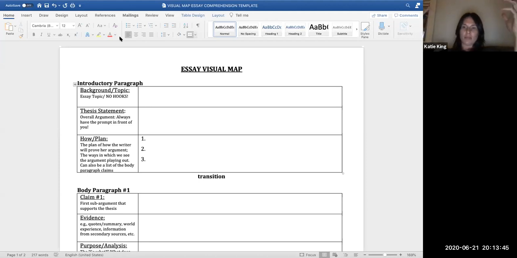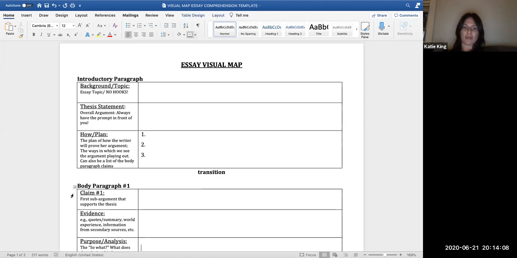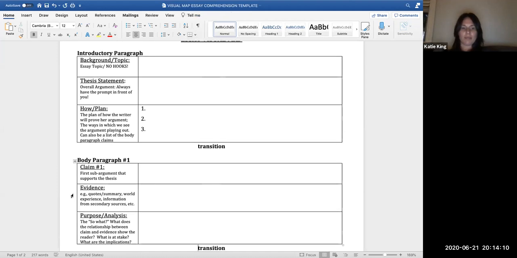Then what's on the branches are the green leaves. That's how you can see, right, that this is a tree. That is what makes vivid and colorful and detailed for you the elements of this tree. That's like your evidence. And then the little flowers or fruit that grow from those that make everything really beautiful and are kind of the whole reason why the tree is there in the first place, right? Are your purpose and analysis.